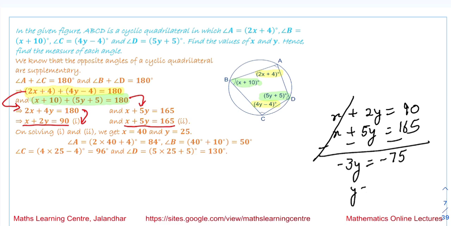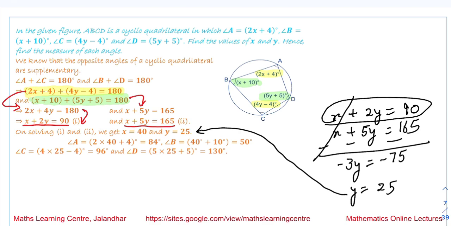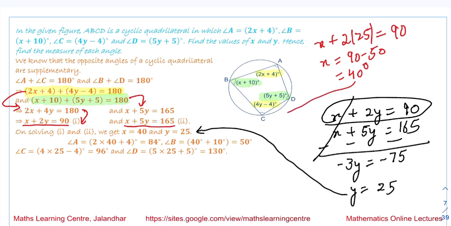So the value of y we will get is 25. Now putting the value of y in the first equation, we get x plus 2 into 25 is equal to 90. So x is equal to 90 minus 50, that is equal to 40 degrees.